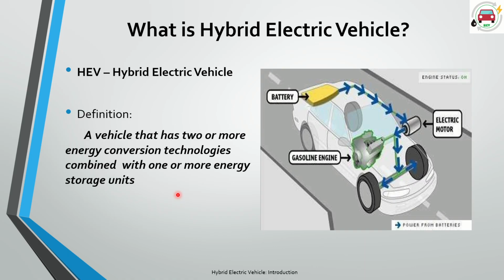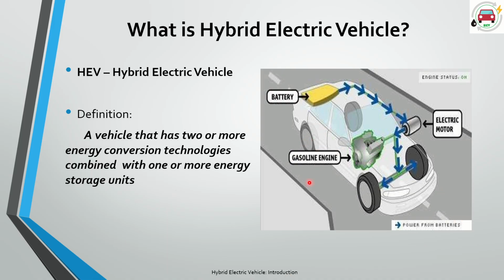Okay, so as we already discussed, a hybrid electric vehicle has two or more energy conversion technologies, with power sources and one or more energy storage units also. What is an energy storage unit? It is mainly batteries, right?